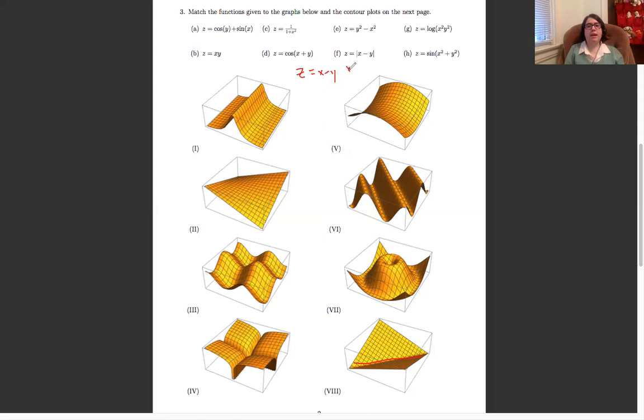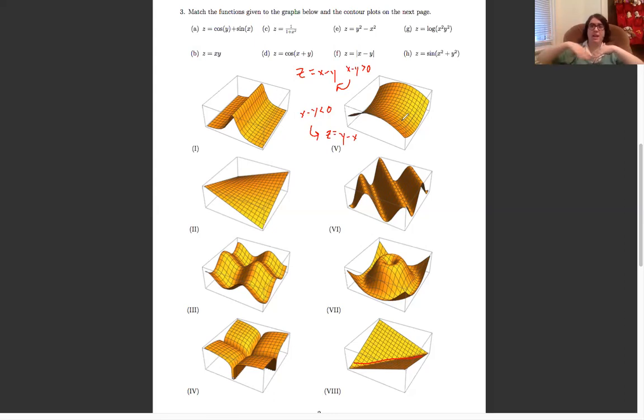When x minus y is greater than 0, it gives me exactly that plane. When x minus y is less than 0, then the absolute value of x minus y is the same as y minus x, so that should give me another plane. So the absolute value in this case, because I have x minus y on the inside, is telling me I should have 2 planes, intersecting where x is equal to y.